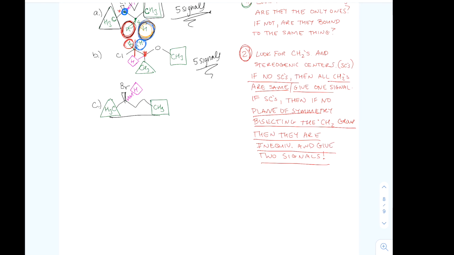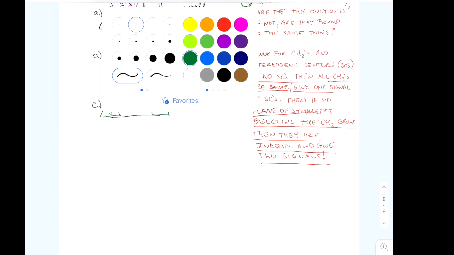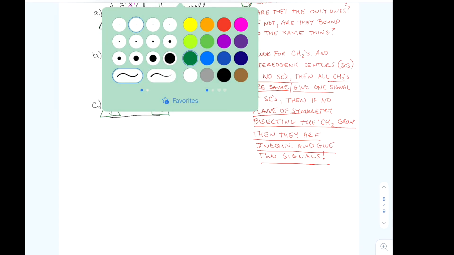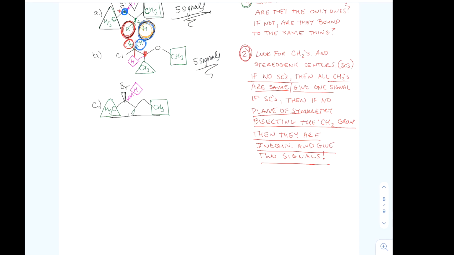Really, so we've identified the CH3s as separate, right? Now, what we've got here is we've got to look at the CH2s now. So we've got CH, CH, ooh, then another one. Sorry, the CH2 there and there.